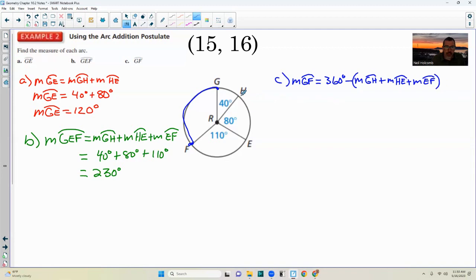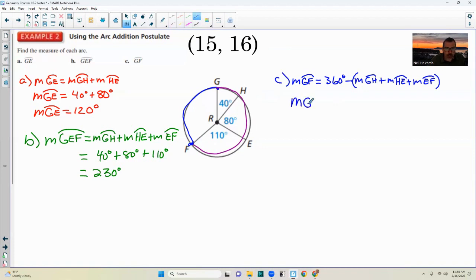Okay, so let me explain that. I'll do it in purple. GH is right here, HE is right here, and EF is right here. So if I take a whole circle, 360, and subtract the 3 arcs I know, I'm going to get the remainder because there's 360 degrees in a circle.